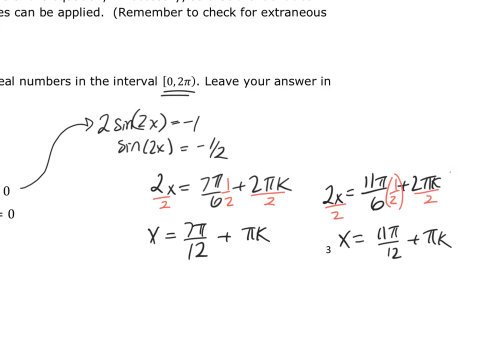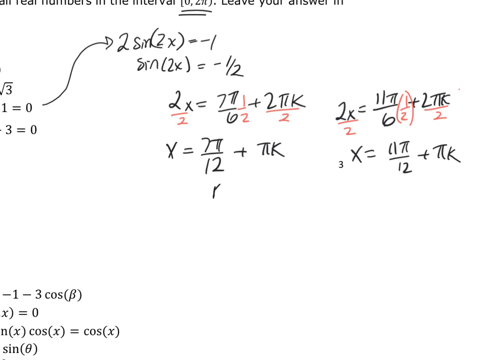The reason I have to do this is because I am now going to go through iterations of k equals 0, 1, 2, 3 on up until I come out of the unit circle. So when k equals 0, I get x is equal to 7 pi over 12. That's in that interval, I am good to go.